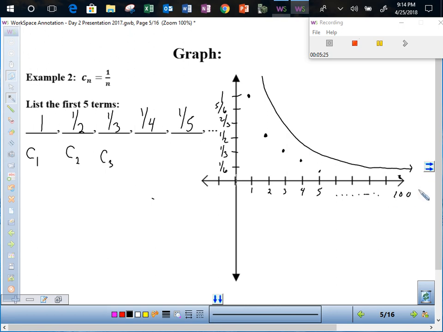It's going to get really, really close to 0, but it's never going to touch 0. Think about 1,000, a million. So when I look at how this thing's behaving to the right, I'm going to say that the limit of the function c of n is 0, because my numbers keep getting smaller and smaller and smaller.